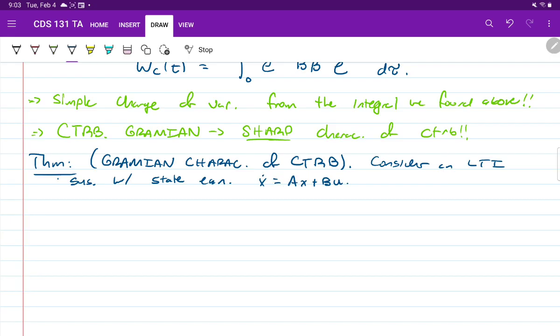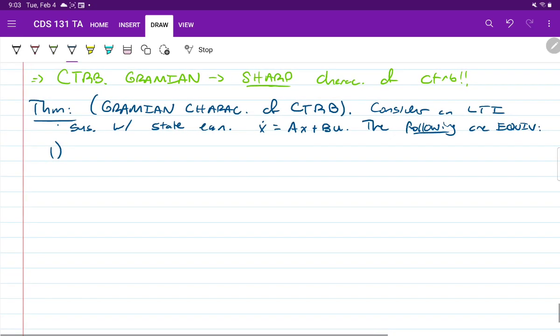Same setup as before. I'm going to say that the following statements are equivalent. Statement 1: for all t greater than 0, my controllability Gramian WC of t is positive definite. So it's symmetric and all of its eigenvalues are strictly positive.